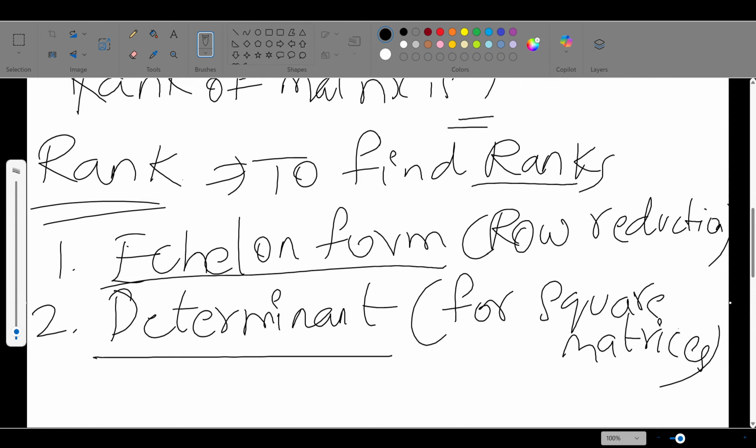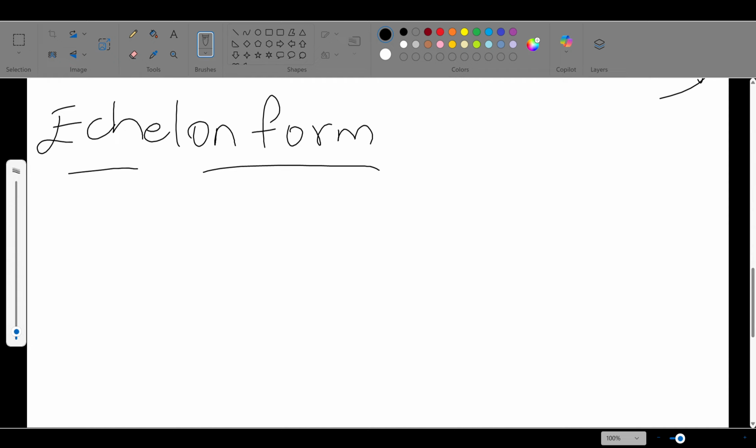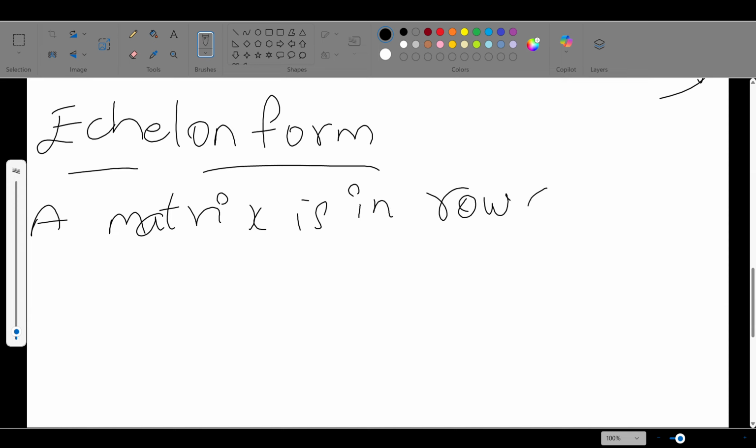Echelon form. A matrix is in row echelon form if, first, write this and I'll explain.